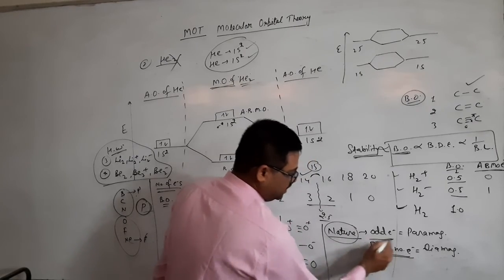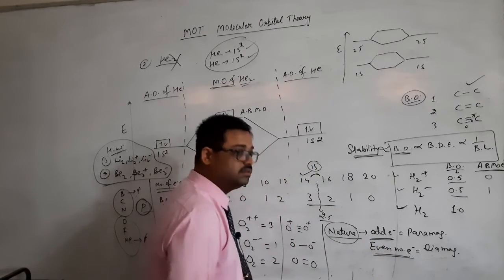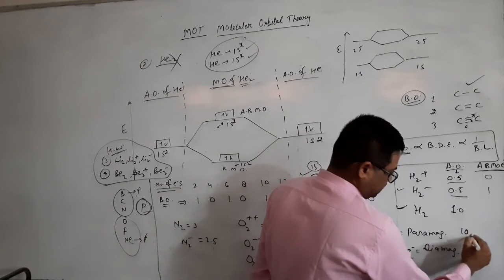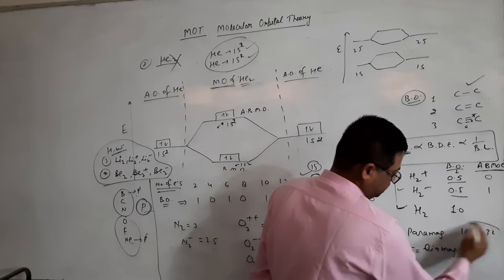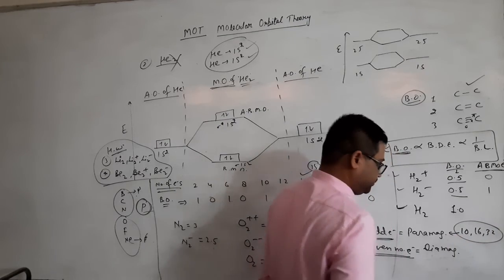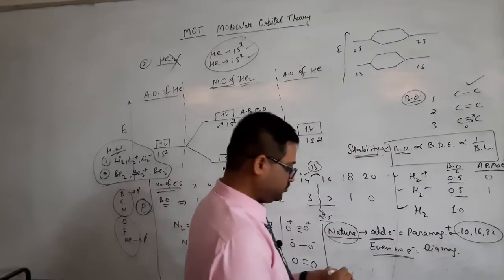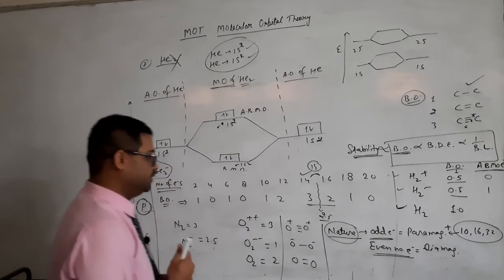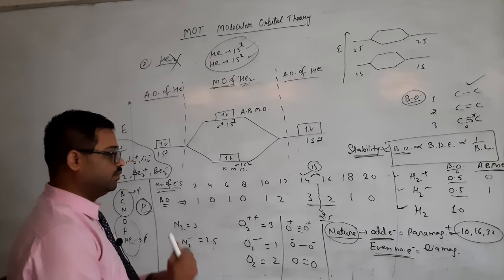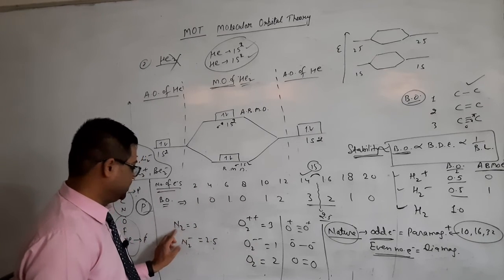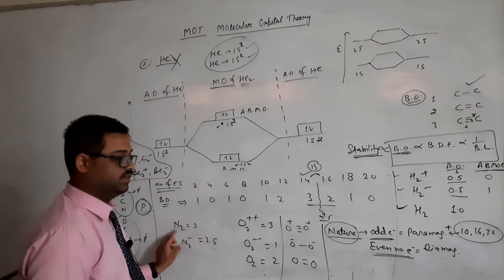But among even numbers, 10, 16 and 32 will come here; I will add these. Now if I am talking about N2, that means 7 plus 7, 14. 14 means an even number.